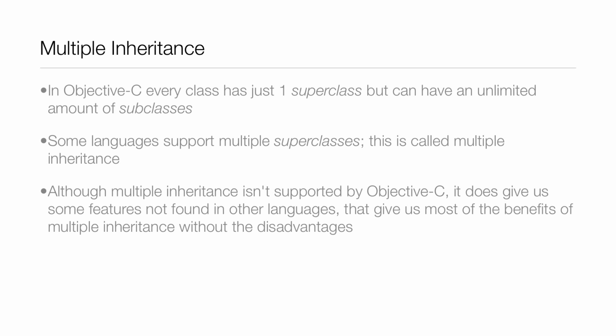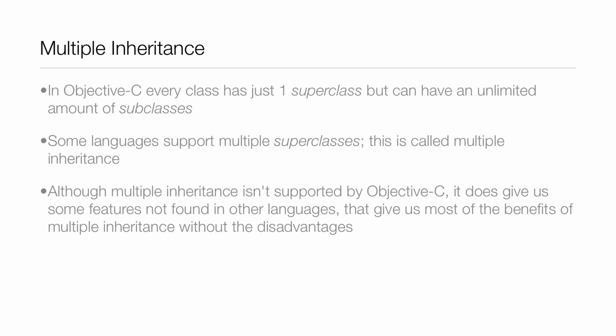Now, multiple inheritance. In Objective-C, every class has just one superclass, but can have an unlimited number of subclasses. This may sound like an odd limitation, but think about it this way. Every person only has two parents, but can have an unlimited number of children. In Objective-C, you can have only one parent, but you can have an unlimited number of children or subclasses.